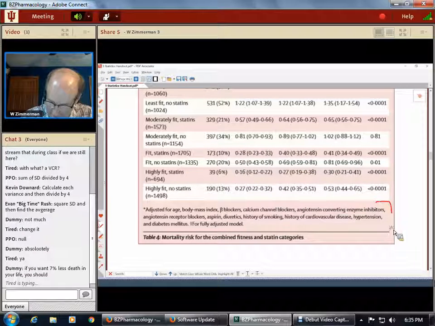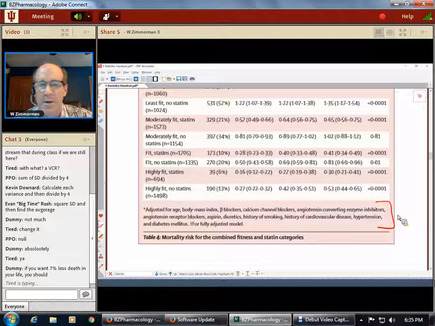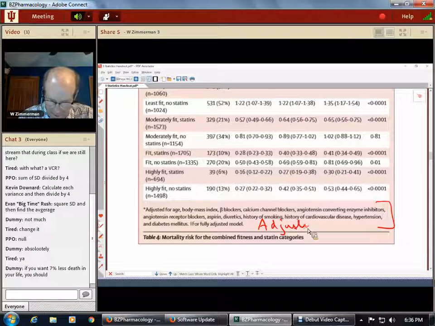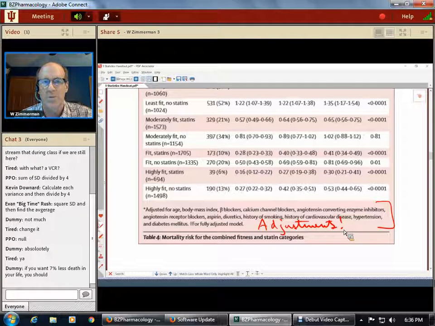See all these things down here? They adjusted for age, body mass, beta blockers, calcium blockers, ACE inhibitors, ARBs, aspirin. These are all the adjustments they made. Kaplan-Meier doesn't do adjustments.